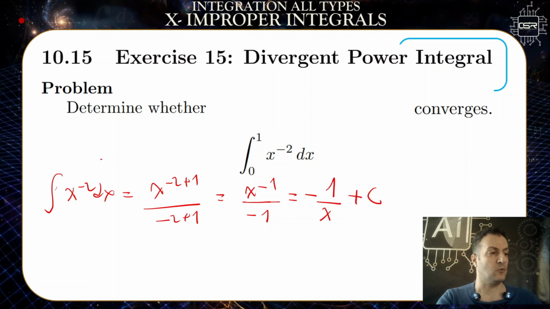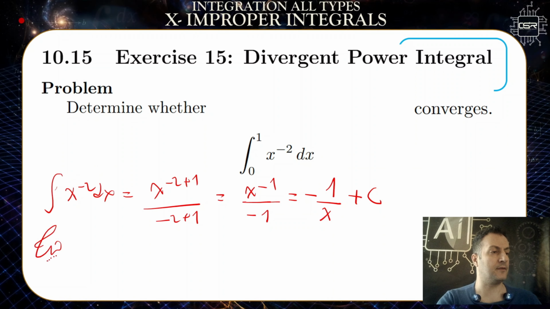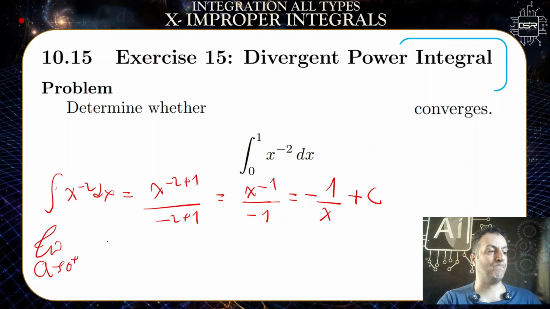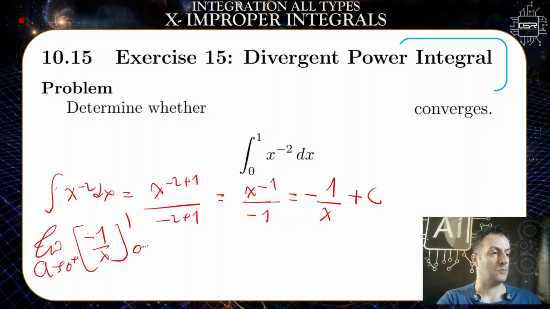With bounds, this becomes the limit as a approaches 0 plus of minus 1 over x between 1 and a, equal to minus 1 minus 1 over a for a approaching 0.